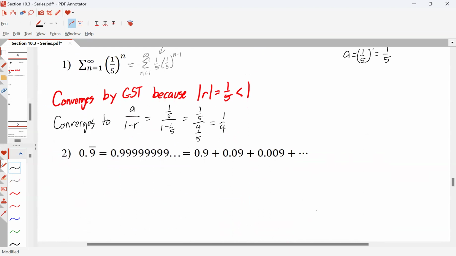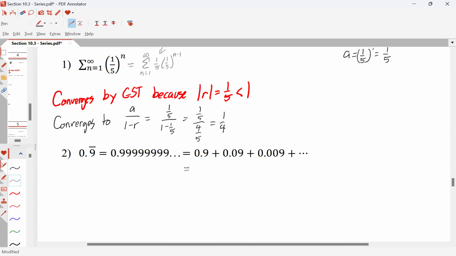Second example, we don't have our series written out, but we're going to walk through how to find said series. So we know a series is a sum of a sequence, so we want to somehow write this sequence in a way that I can see a ratio that is being multiplied over and over.